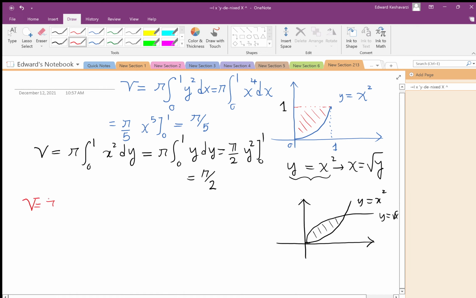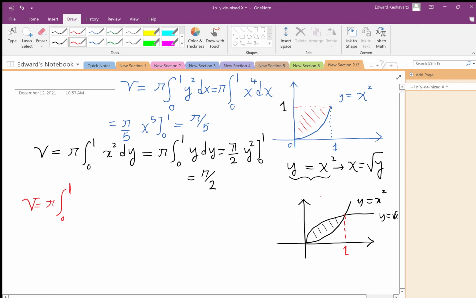So pi integral from, I think it's obvious that the intersection point is 1. So 0 to 1.